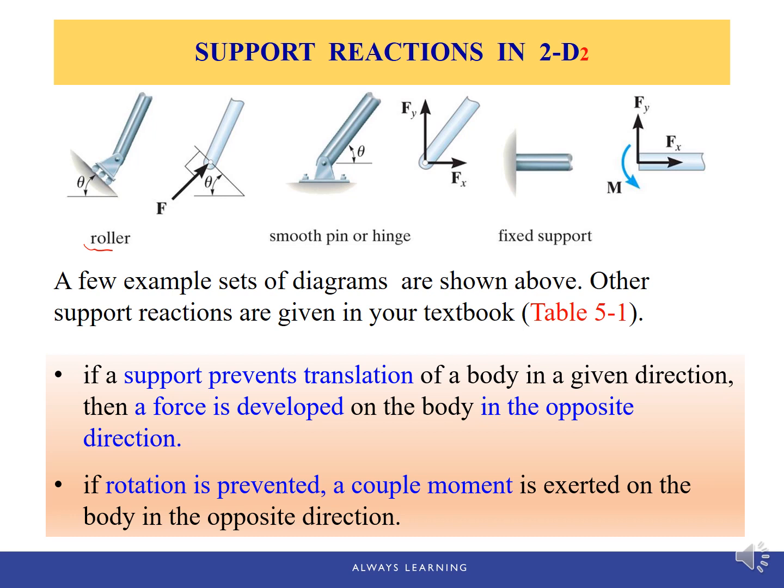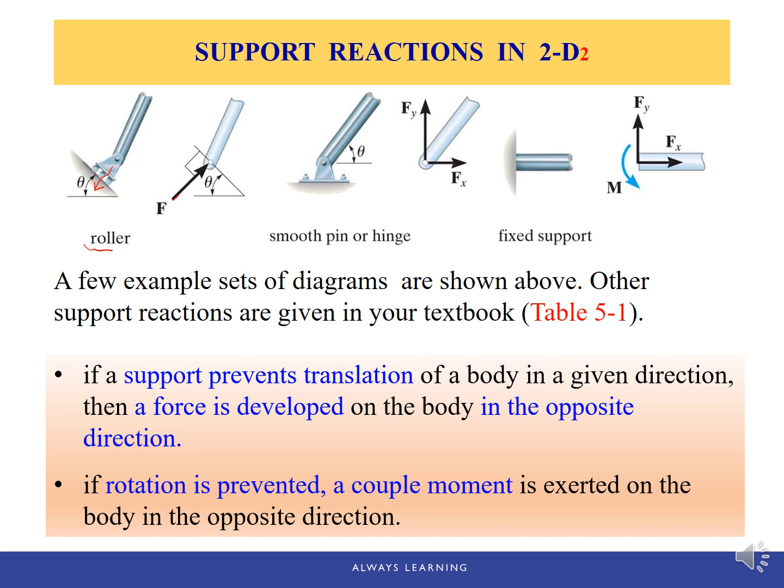this structure is resting on the surface. Without the support, because of the gravitational force or the weight of the structure, it may sink down into the surface. So to prevent this type of translation of the body, the surface must provide an opposite force to prevent it from going into the surface.